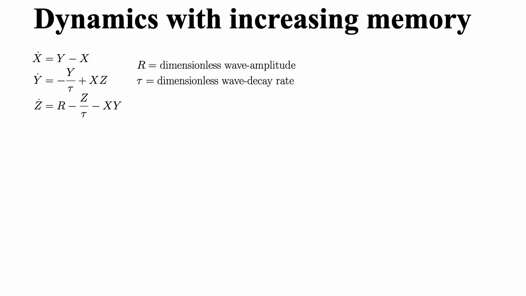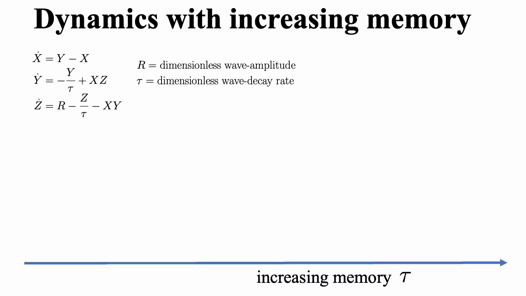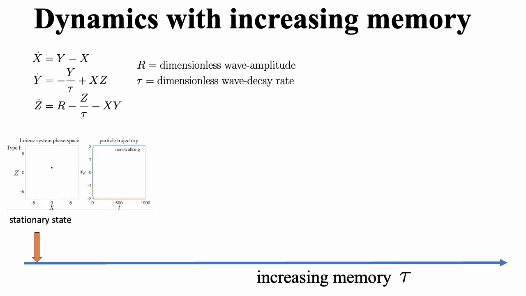All right, so what we are going to do now is we are going to fix r, and we are going to increase the memory and see what the Lorenz system exhibits and try to relate that to the motion of the droplet. So at very small values of tau, in the Lorenz system, there is a single stable fixed point at capital X equals 0, right?